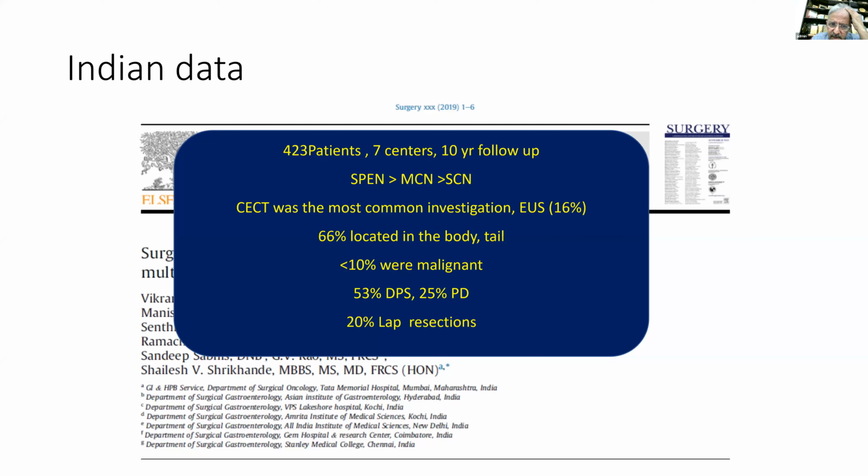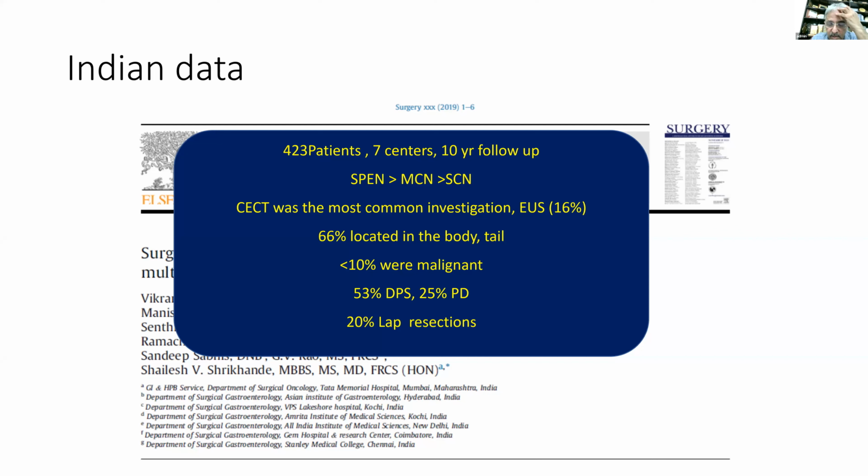I was surprised with the data. 66% were located in the body and tail. Either this meant that we were taking out only the really obvious ones, which didn't even require EUS, or, and that's what the critical analysis of the data suggested. Less than 10% were malignant, and most patients underwent distal pancreatectomy.